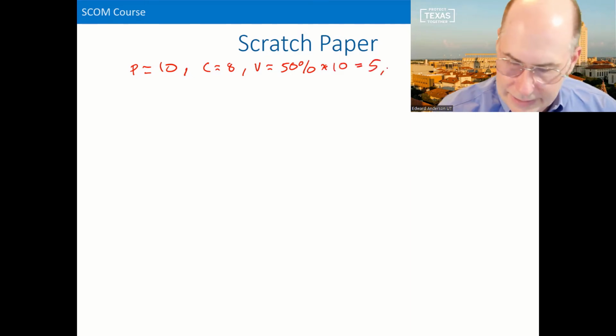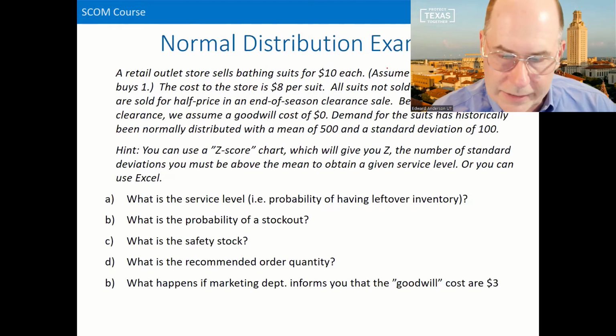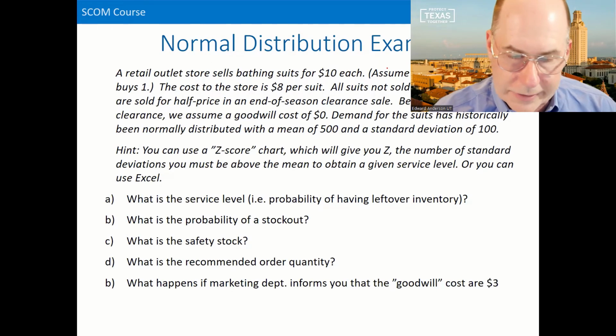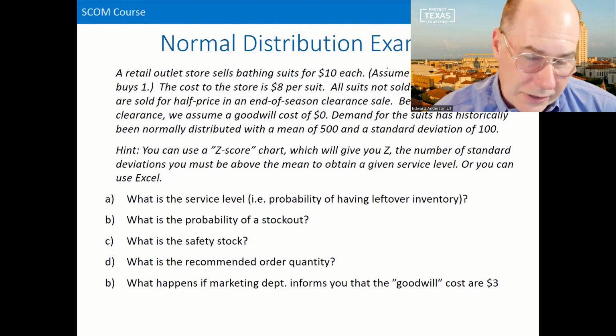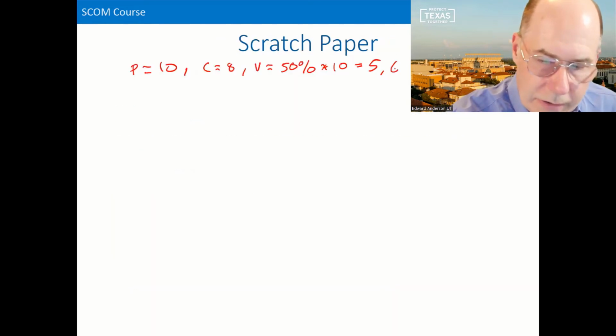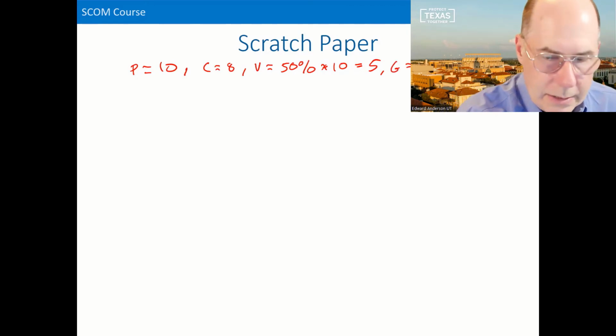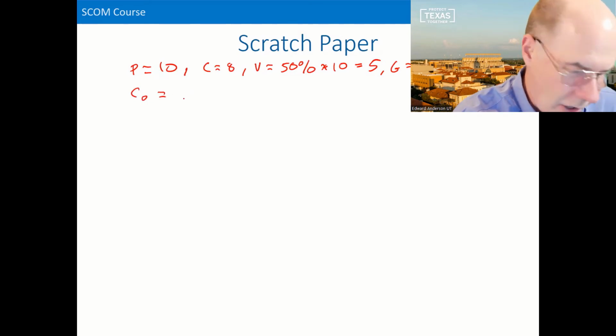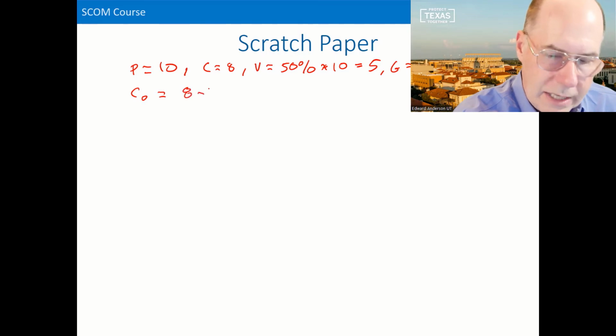And according to this up here, it's assuming that the goodwill cost is 0. Okay, marketing has spoken. So let's go with that. So goodwill equals 0. And if we do that, our overage cost is going to be 8 minus 5 equals 3.